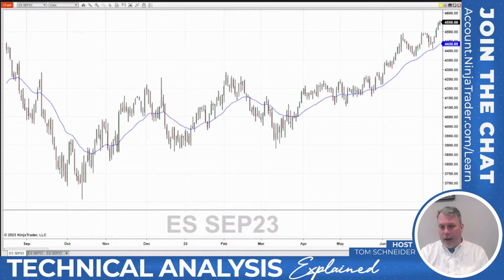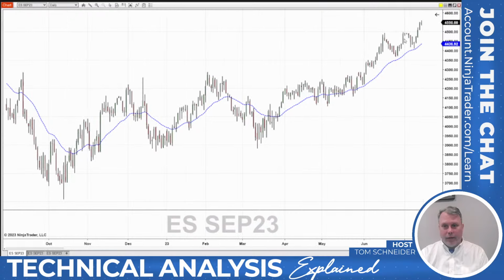But we'll use the defaults that Gerald Appel uses. This, in fact, is not a simple moving average. This is an exponential moving average. The exponential moving average is slightly different from a simple moving average in that it puts more emphasis on the most recent data that comes into the chart. So this bar right up here has more weight than the bar at the end of the data series.